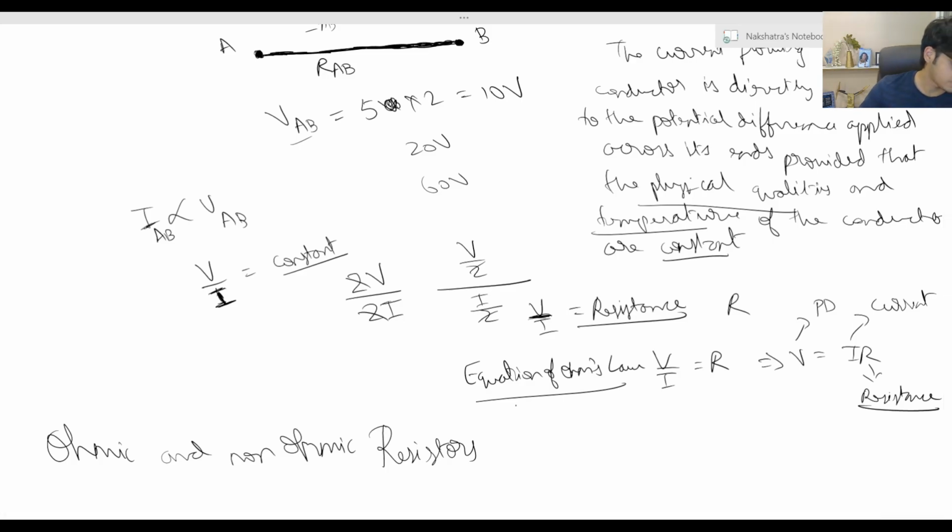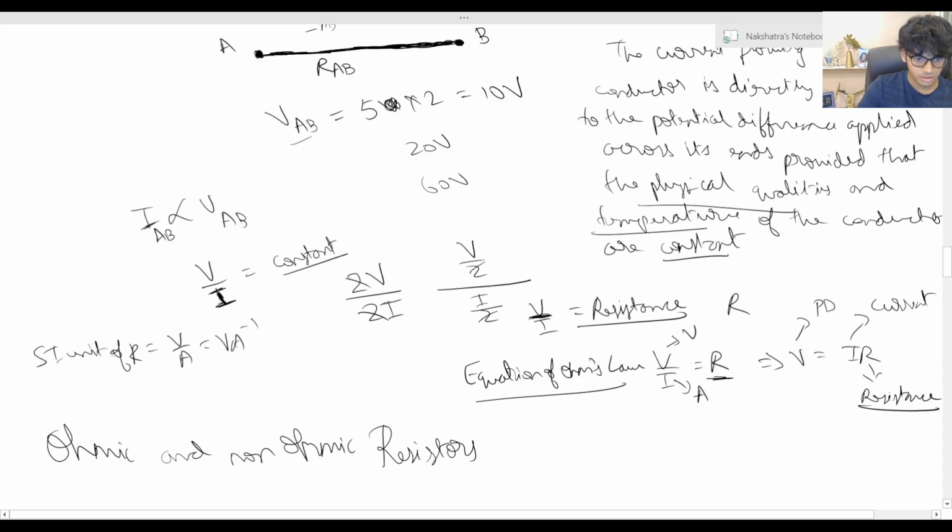Thus the resistance of a conductor is equal to the potential difference of the conductor upon the current flowing through the conductor. So from this we can find the SI unit of R. SI unit of R will be SI unit of potential difference, which is volt, upon SI unit of current, which is ampere. So SI unit of R is equal to V/A, VA minus 1, and we call this ohm, okay, and it is represented as this.